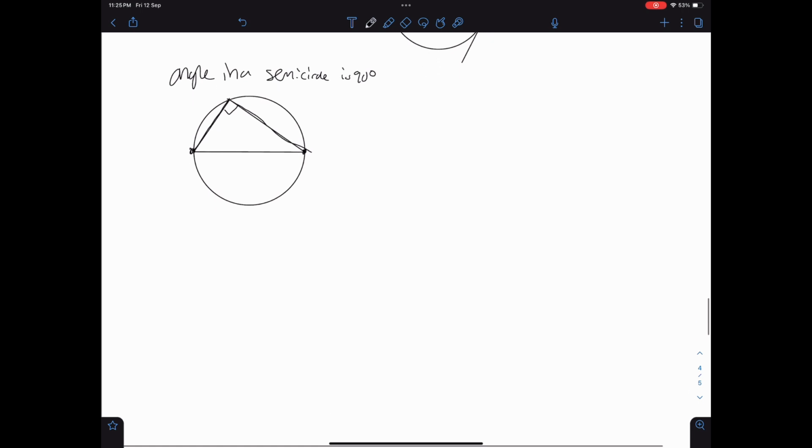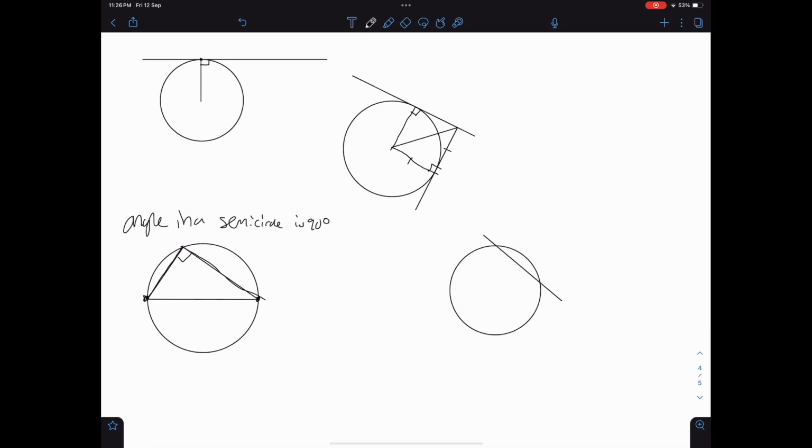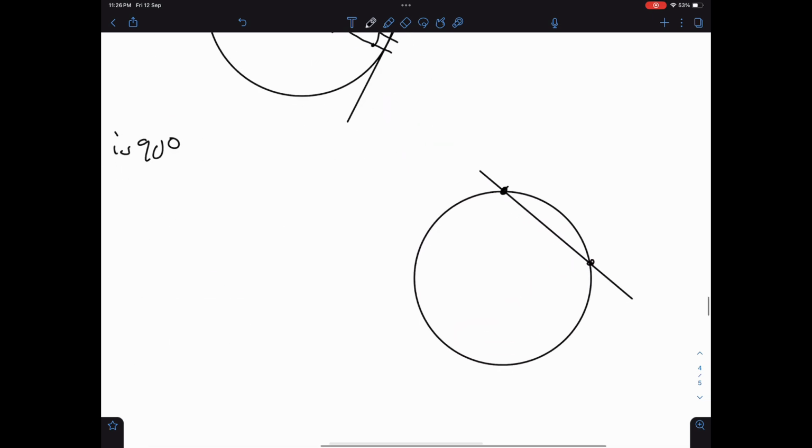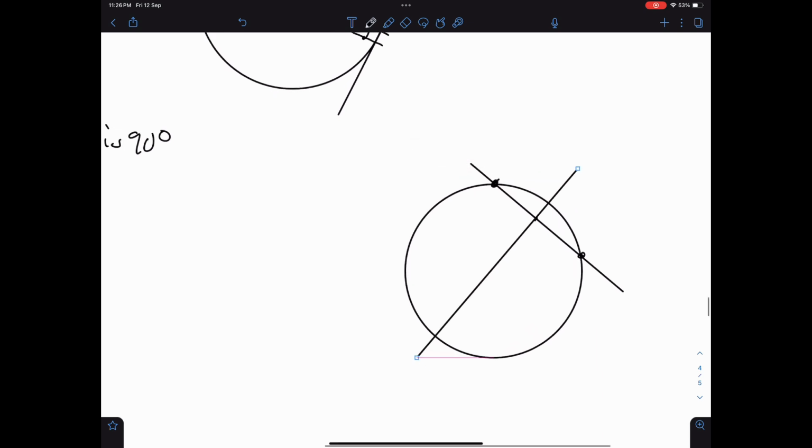And the last one is a bit related to this: the perpendicular bisector of a chord goes through the centre. So if we take a chord like that, and then we bisect it, this is the midpoint, and we go perpendicular like this. Then, if I line that up properly, it would pass through the centre at some point.